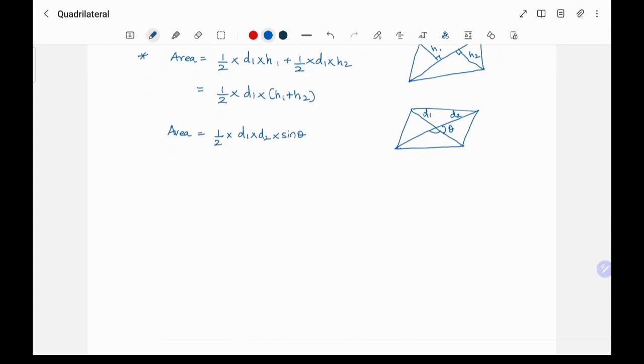You can see this angle, let's say phi, is nothing but 180 degrees minus theta. So sine phi is sine of 180 degrees minus theta, which is equal to sine theta. So we can also write it like this, with sine phi. You will be able to prove this from vector analysis.